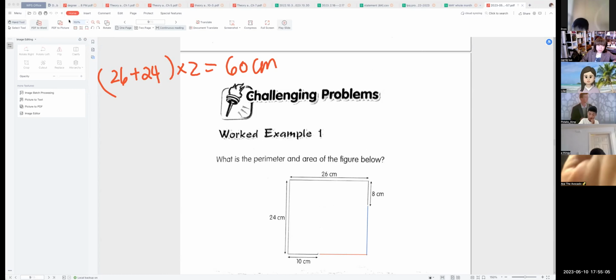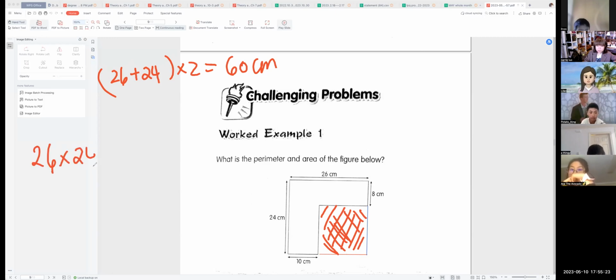Okay, but when we're talking about the area, we cannot do that. But the area we can still do is the bigger square minus the red part. Correct, everybody? So what is the bigger one? 26 times 24, right? And what is the smaller one?